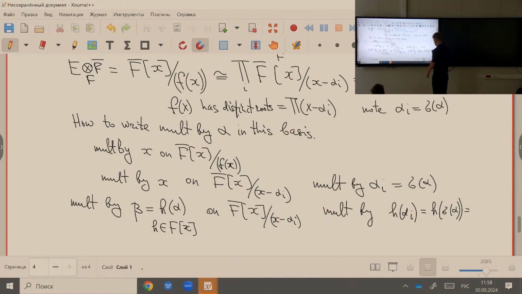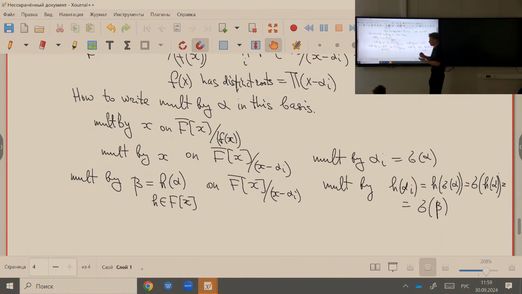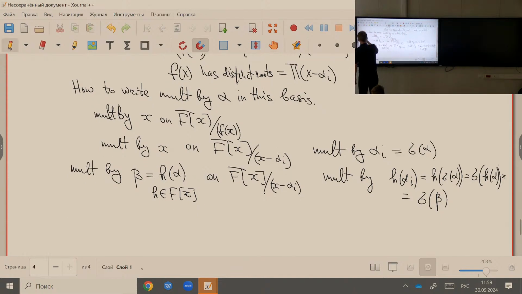We commute sigma, and we use that it is simply sigma_i of beta. So you see that this choice of basis allows us to diagonalize the operator.